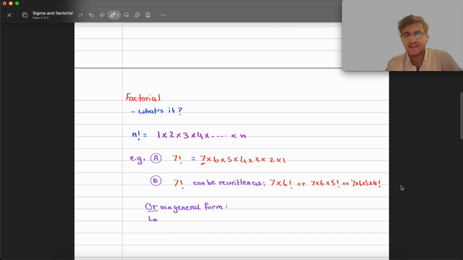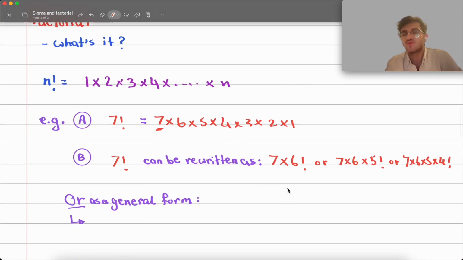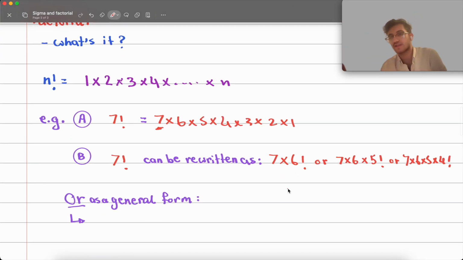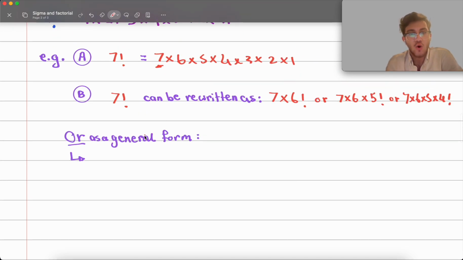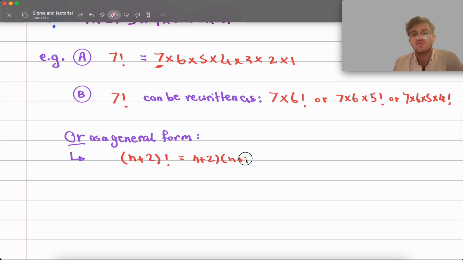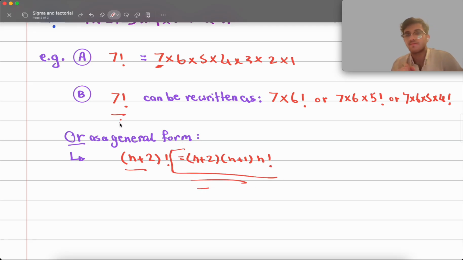We're going to do this a lot, especially when we get into series. Or as a general form, if you have something like (n plus 2) factorial, you can rewrite this as (n plus 2) times (n plus 1) times n factorial. And this is the general form of doing the same thing, but in terms of n.